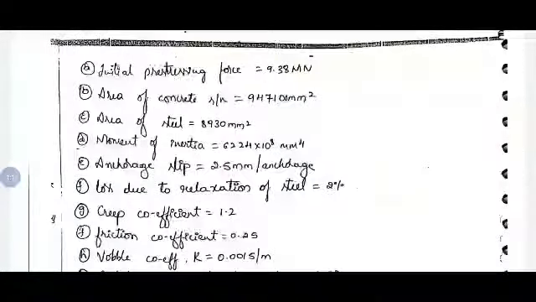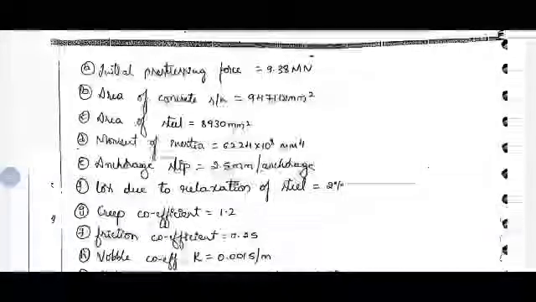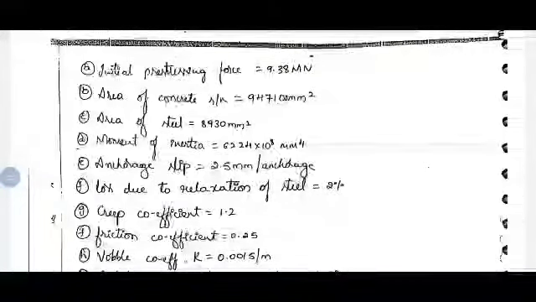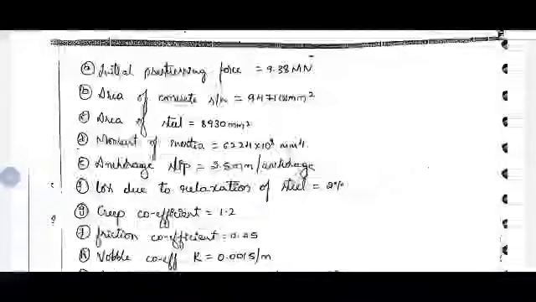Initial pre-stressing force, once again it is given 9.38 MN. Area of concrete section, area is directly given, you should remember. Area of steel you are using. Then moment of inertia is also directly given. Anchorage slip 2.5 mm per anchorage, remember this.